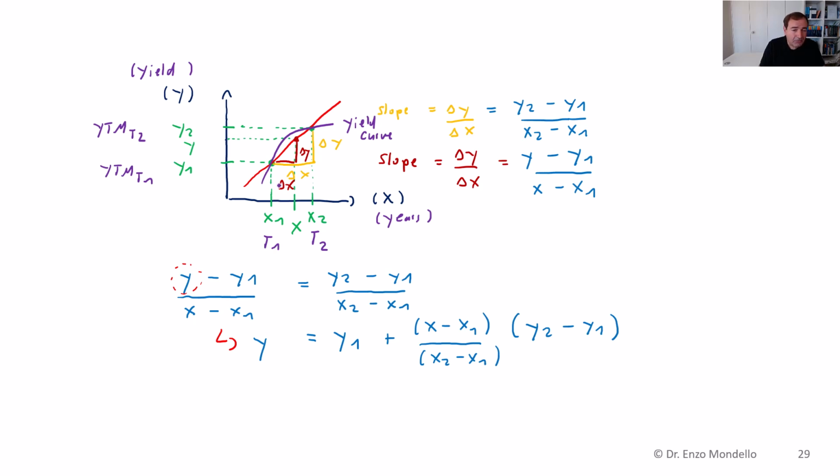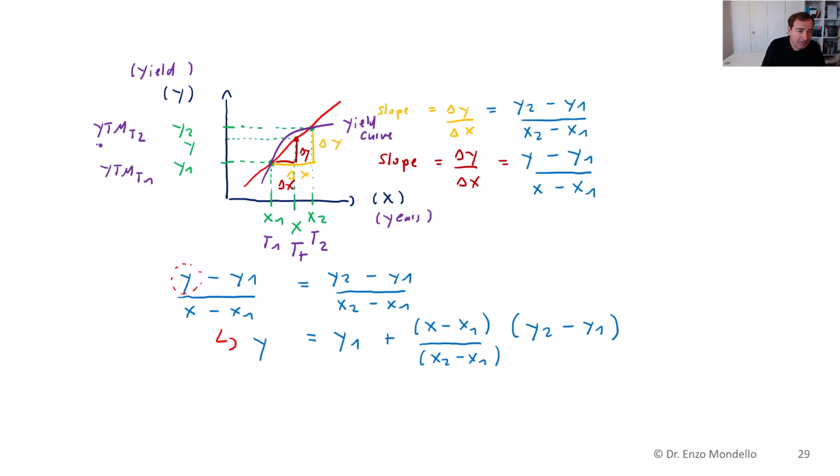And now we know that the corporate bond has a time to maturity which is given in this XY diagram by X. So that's then the time to maturity of the corporate bond that we take now to linearly interpolate the yield to maturities of the two government bonds, one with a longer time to maturity and the other one with a shorter time to maturity.